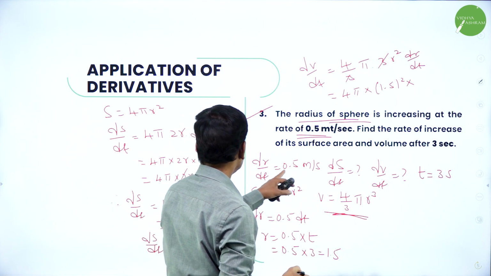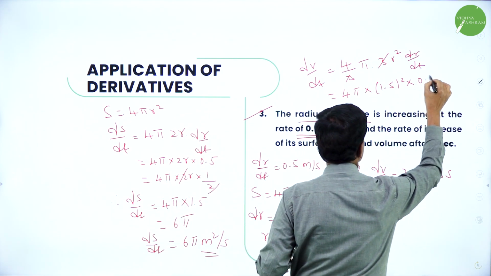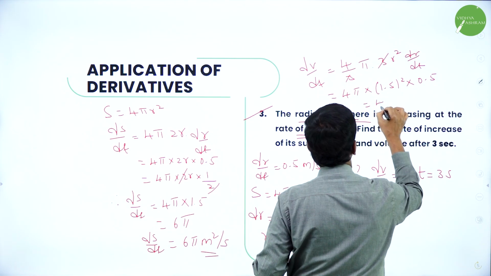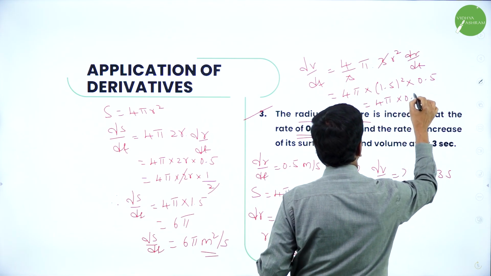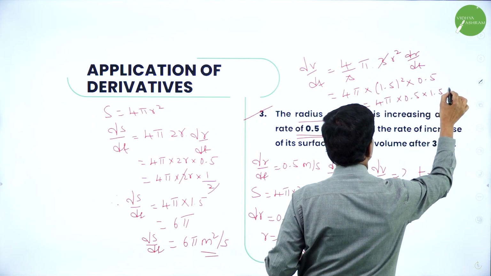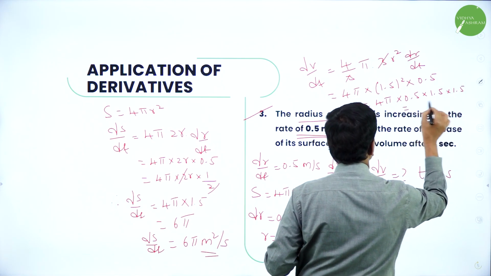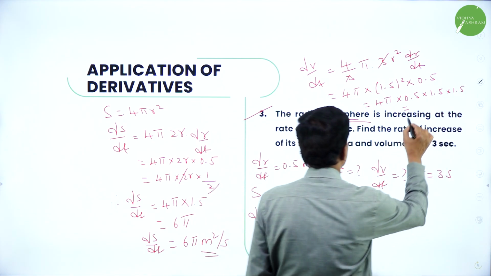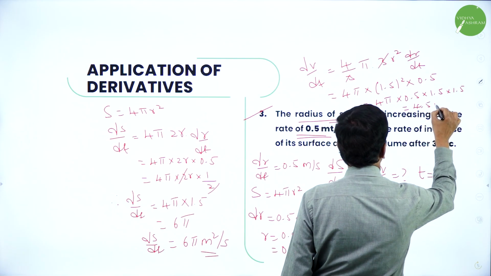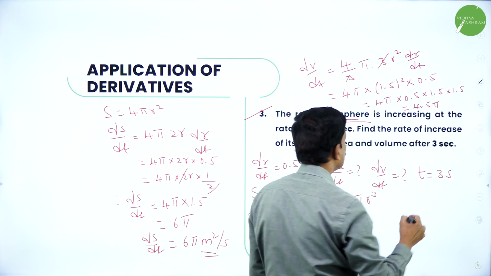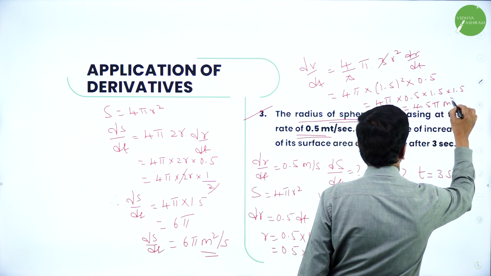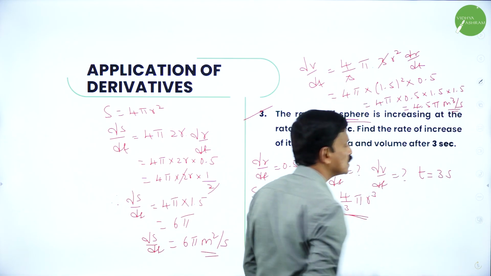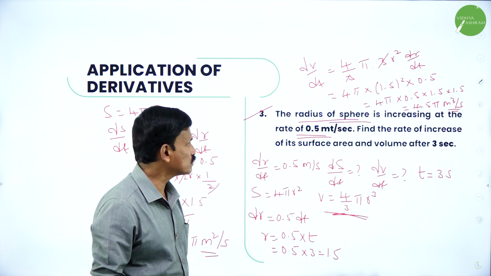So what is dr by dt? 0.5. So if you simplify this, 4 pi into 0.5 into 1.5 into 1.5, you will get 4.5 pi meter cube per second. That's it. This is how we are going to solve this problem.